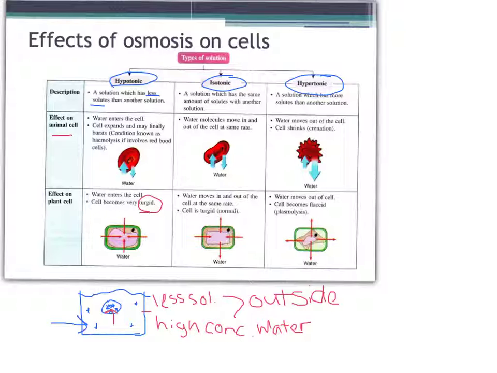On the other side of this, we have the hypertonic. So if we draw our little thing here, this is where a solution has more solutes. So there's going to be a lot on the outside and just a couple on the inside. So on the comparison on the outside, less solutes.